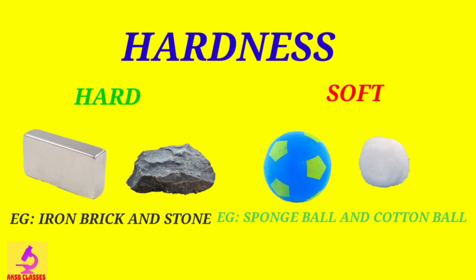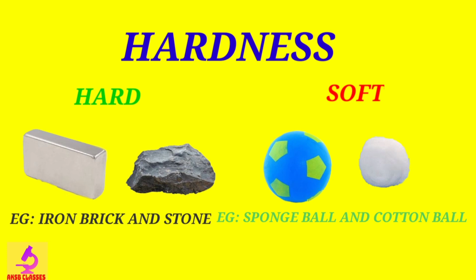on the other hand, if we apply force on soft materials like a sponge, a pillow that contains cotton, or socks, then there is a change in the shape of that matter. That matter we can say is soft.